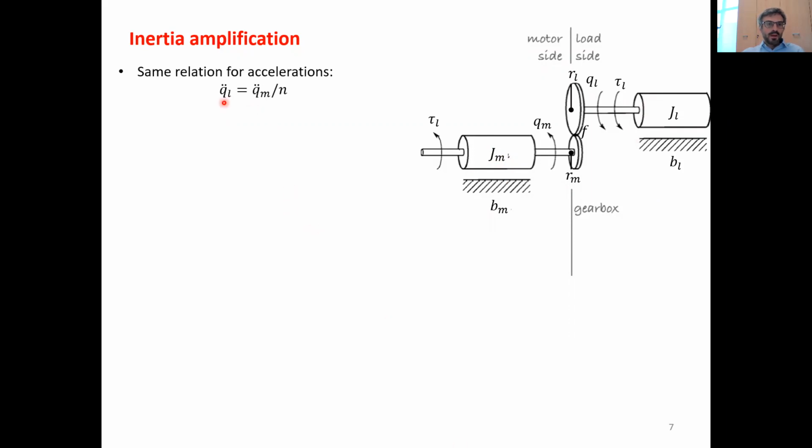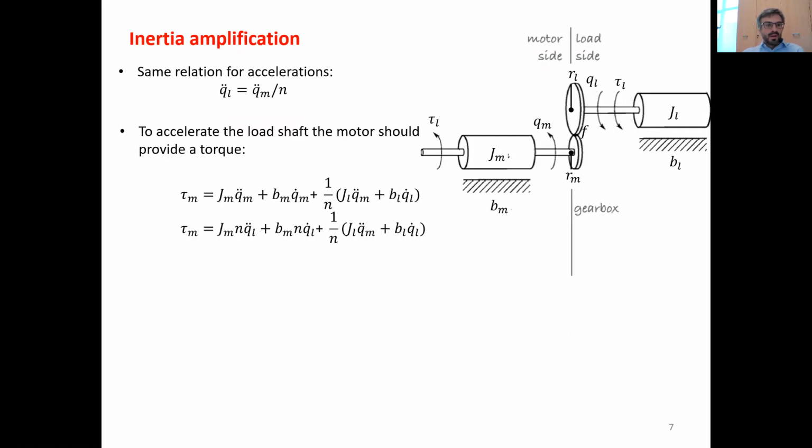So since velocities are related that way, and acceleration is the first derivative of velocity, we have the same relation at the acceleration level. And if we want to accelerate the shaft, we need to provide a motor torque that has this shape. So we need to accelerate the rotor of the motor, so we need to consider inertia forces to accelerate that.